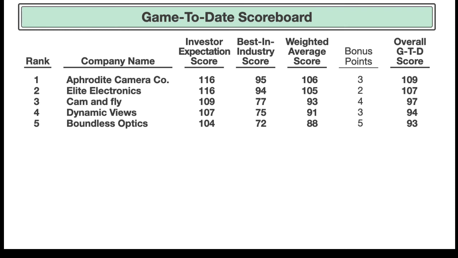Now, with that said, Company E is only 2 points behind at 107. Company C is at 97. So, hey, you're in the mix. So is Company D at 94 and Company B at 93. So I really wouldn't count any team out yet for first place. As each week goes by, it gets harder and harder, though, to make up that ground. But I'd still say every team still has a chance to win.